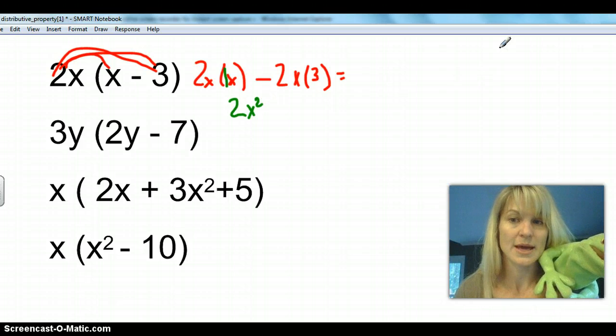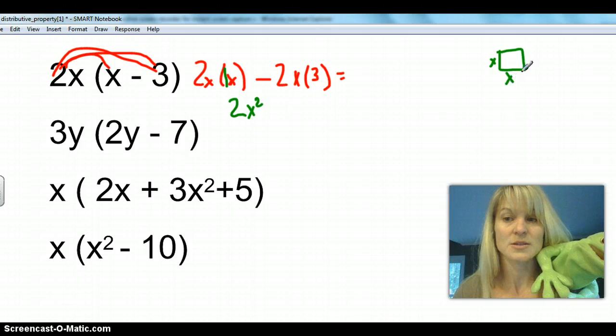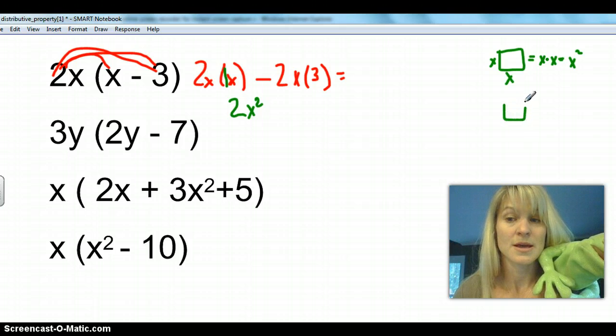So just remember that. That goes back to when we have an actual square. If this is x and this is x, you multiply for the area. So that means x times x, which is x squared. Another way of remembering that is, sometimes those variables just trip us up. X just means we don't know what that value is.